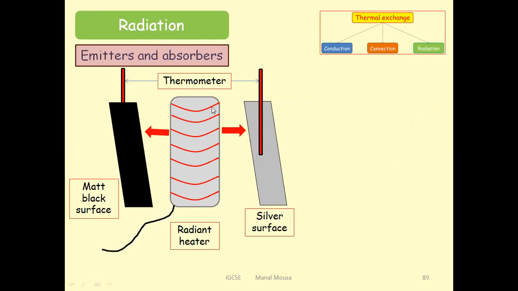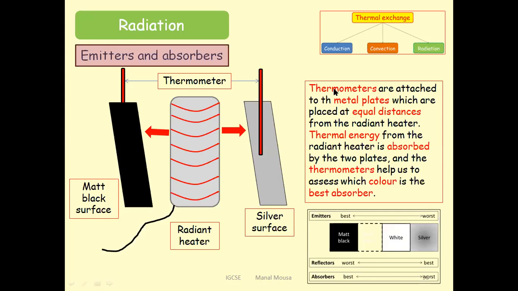Then we have to switch on the radiator for some time interval. So each surface will absorb some of the heat radiation from the heater for the same time interval.